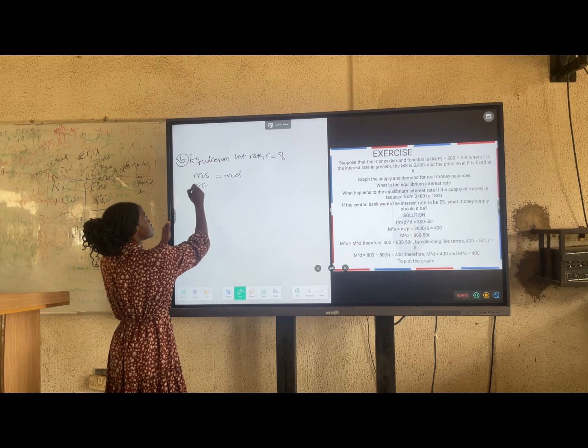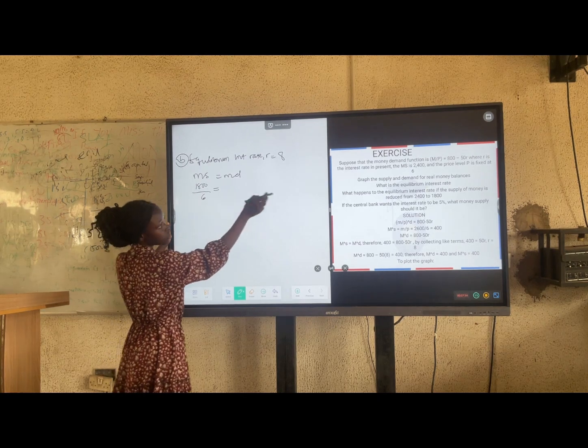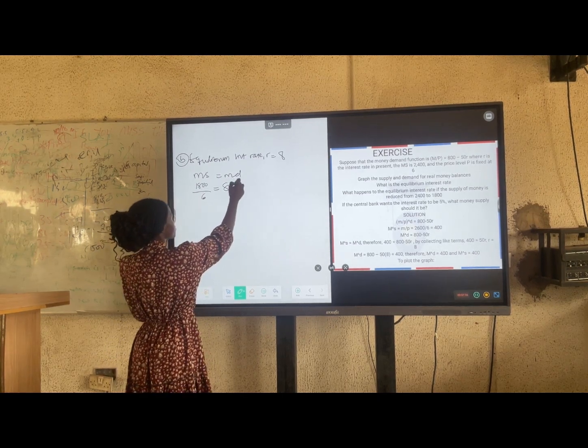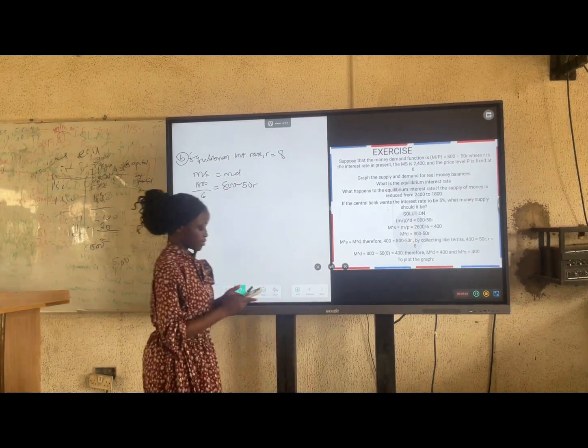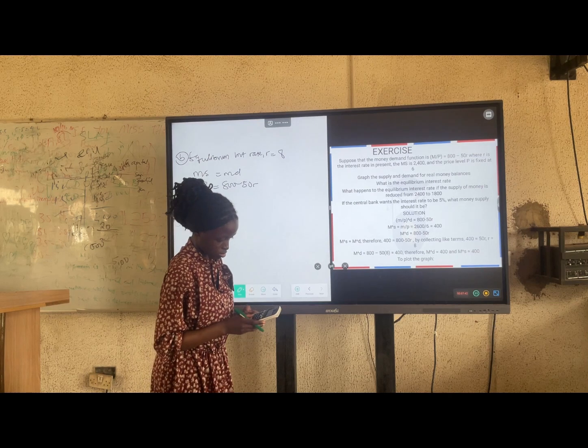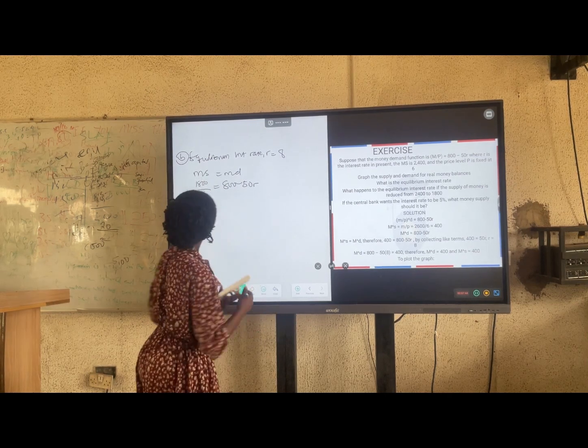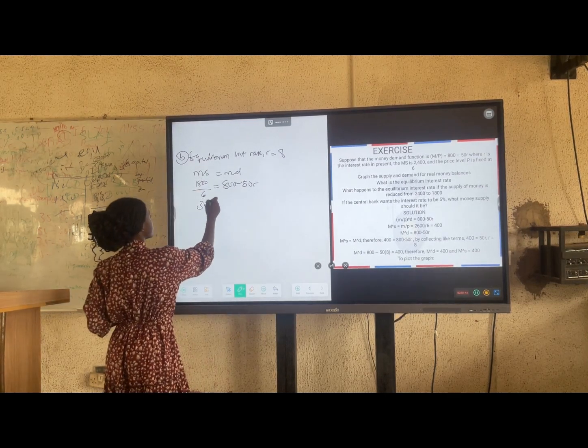So we're asked to look for the interest rate at 1.8. 1.8 divided by 6 equals 800 minus 50R. That's 300 equals 800 minus 50R. Then we make R the subject of the formula, and we get our new equilibrium rate.